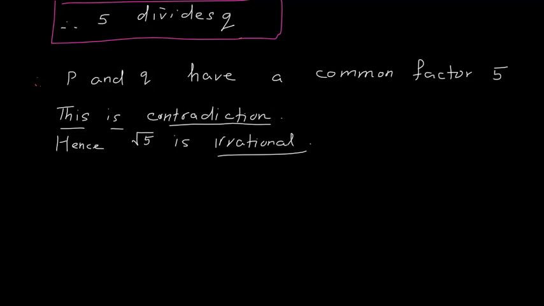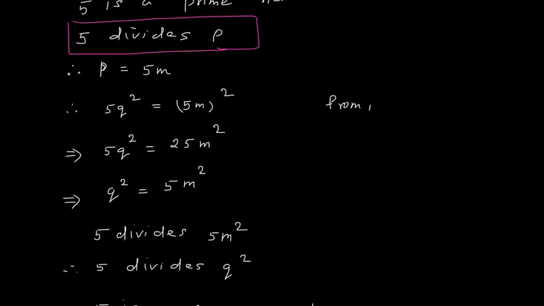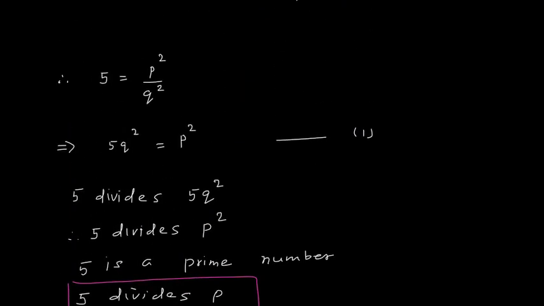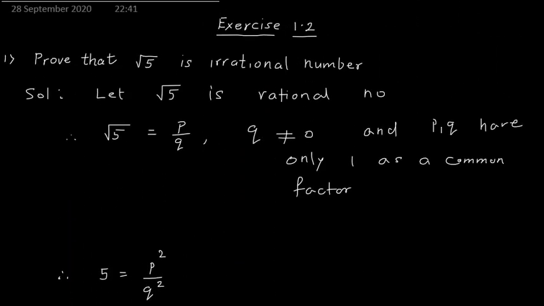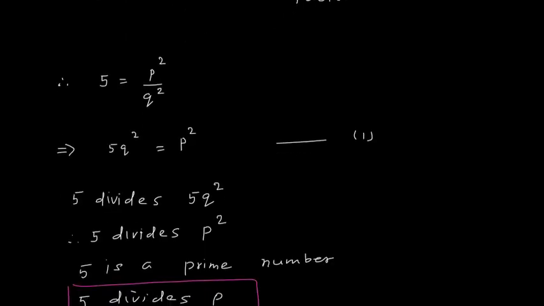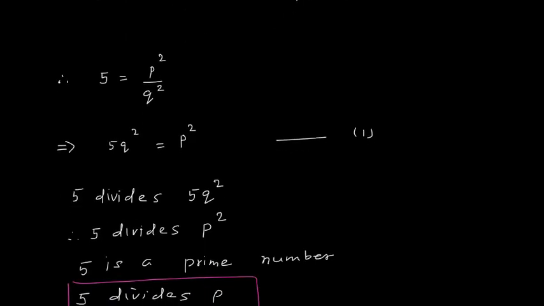So root 5 is an irrational number. These are the steps which you have to follow. You can refer to your textbook also for the same. You will find a slightly different set of steps, so either you follow this or what is given in your textbook. You have to learn how to write the solutions in these kinds of problems.